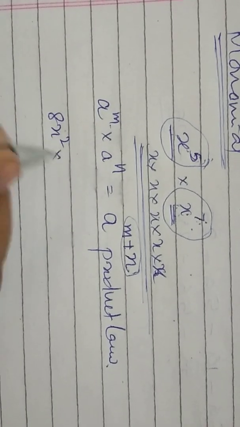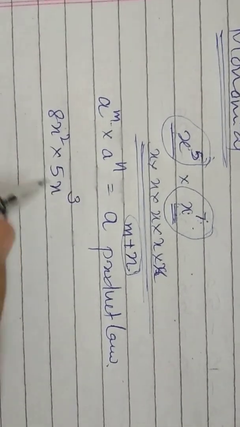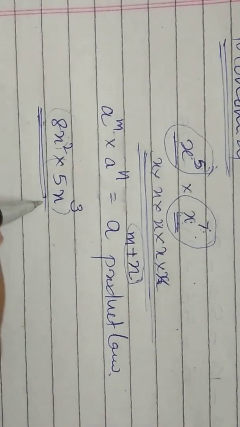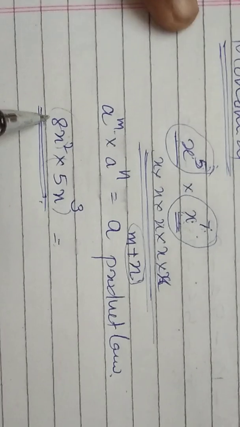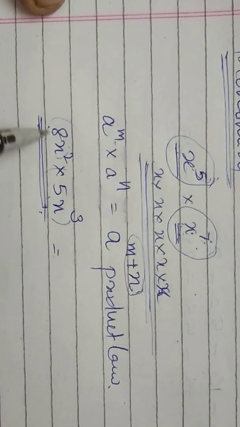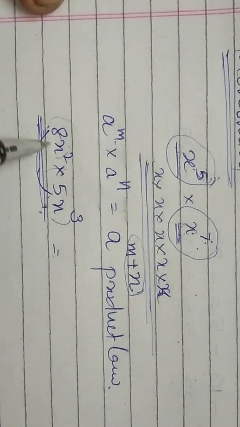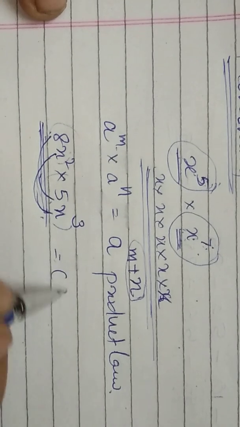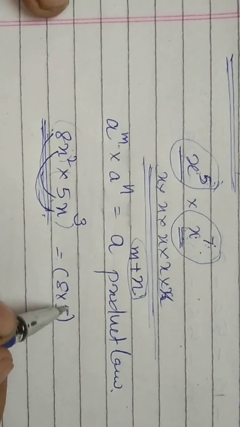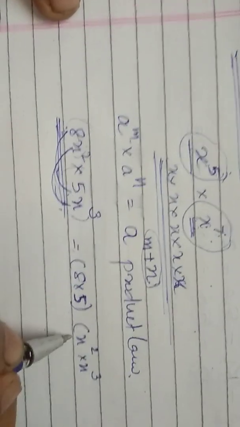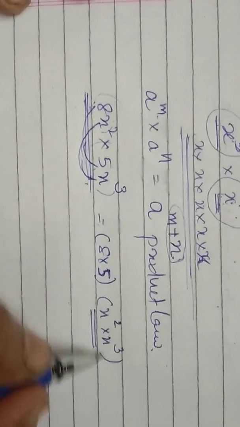8x square into 5x raised to 3. This is a monomial, and this is another monomial. We have to multiply these two terms. 8 is the coefficient of the first term, and 5 is the coefficient of the second term. The rule is to multiply the coefficients together and multiply the literal terms together. That is 8 into 5, the numerical coefficients together. Then x raised to 2 into x raised to 3, these are the algebraic variables.